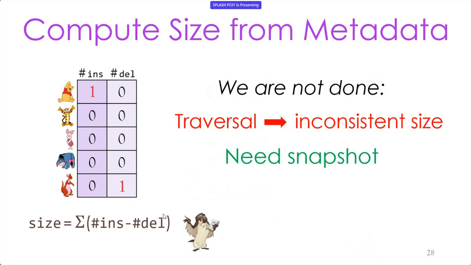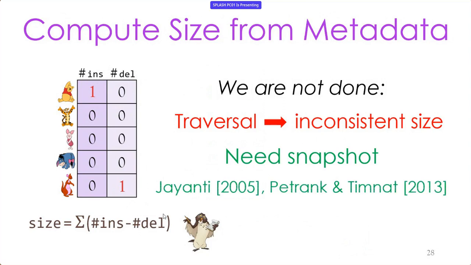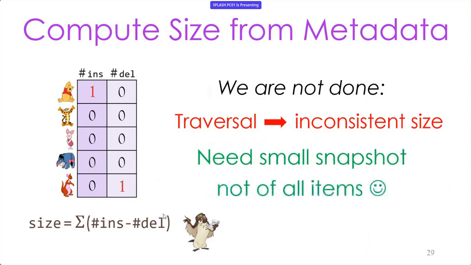There has been a lot of work in the concurrency community on consistent snapshots, and people designed algorithms to obtain a consistent snapshot of data structures. Now, it would be too complex to get into the details here, but we draw ideas from these works and use them to produce our snapshot mechanism for the metadata array. And note that I did talk about snapshots at the beginning of my talk, but this is not the same as what I'm talking about here.